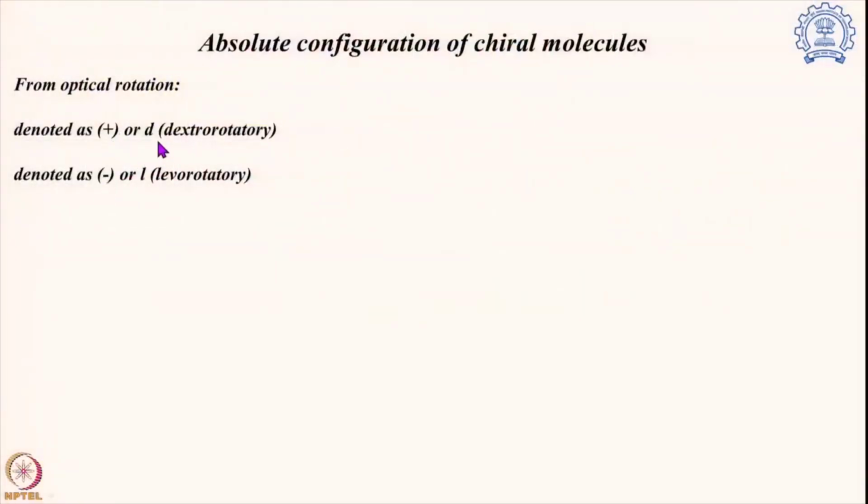So now we talk about this optical rotation, and as we just defined, the optical rotation defines how much the plane polarized light rotates from its original position, and it can be in the direction of the right hand side, which is taken as the plus sign, which is also defined as the d or dextrorotatory. Over there, look into that carefully, the d is written in this particular way.